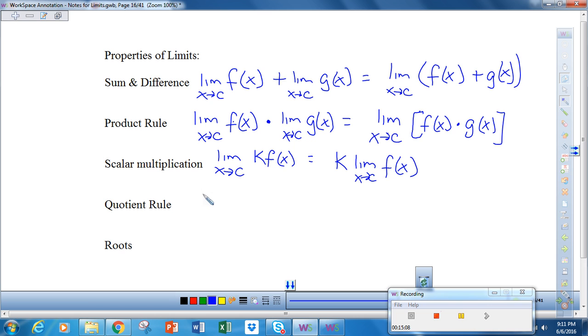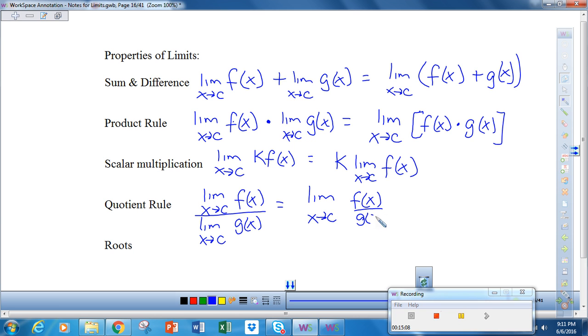Quotient rule: the limit as x approaches c of f of x divided by the limit as x approaches c of g of x is equal to, you got it, the limit as x approaches c of f of x over g of x, but you have to remember in this case g of x cannot equal 0. Otherwise it would be undefined.